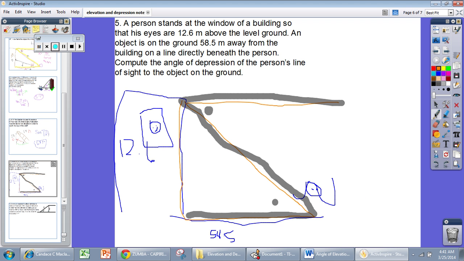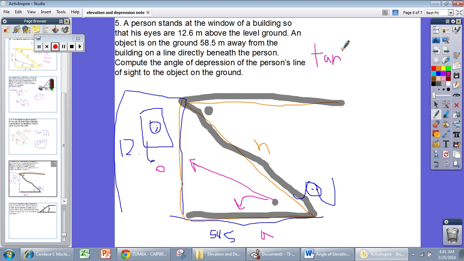Alright, so let's label it. We don't have the hypotenuse, but we do have the next door, which is, yep, adjacent, and that, which is opposite. And which uses the adjacent and the opposite? Yep, tan, but we're going to use our inverse.